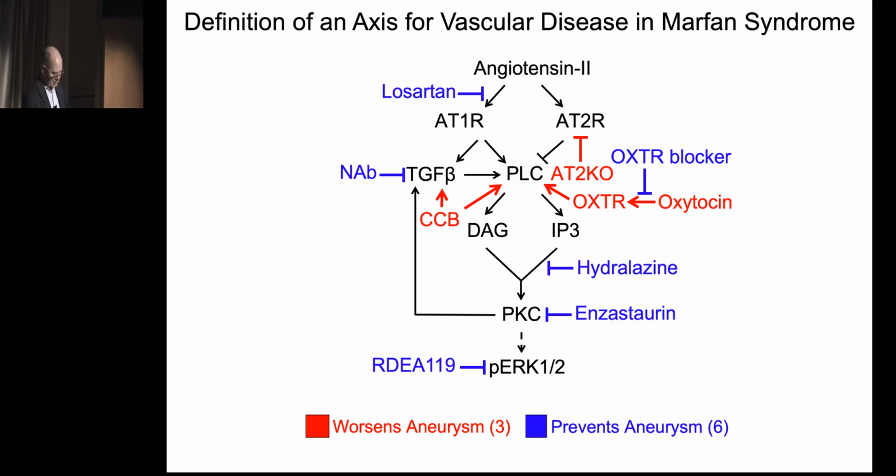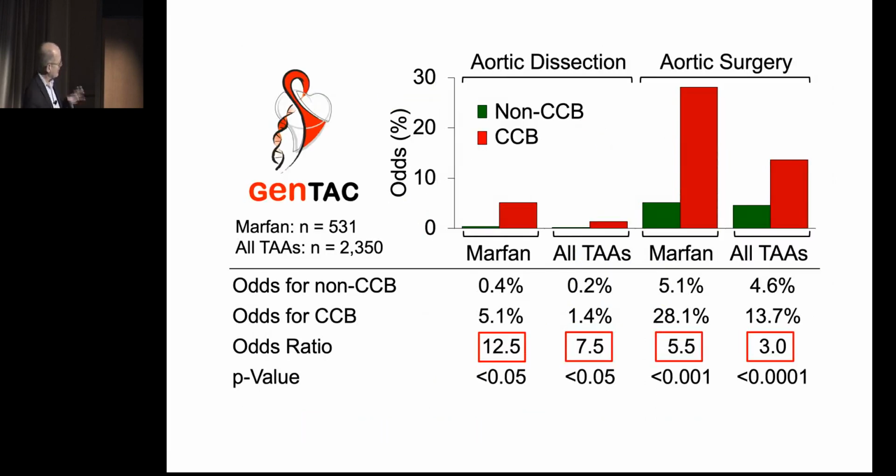So this is all on the basis of work in animal models. What about people with Marfan syndrome? So we partnered with a GenTAC database that's collecting information on people with genetic presentations of aortic root aneurysm, prominently including Marfan syndrome.